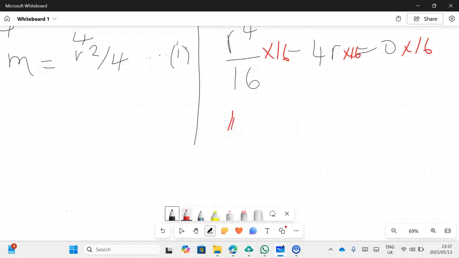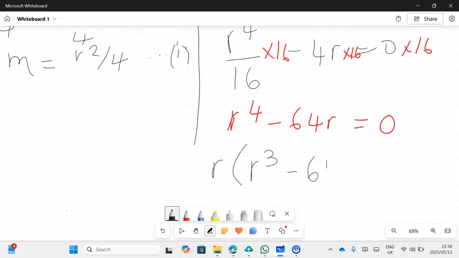This will give me r to the power of 4 minus 64r equals 0, and you will now see that you have a common factor, which is r. So I'm going to have r times r cubed minus 64 equals 0. And then we have the solutions.